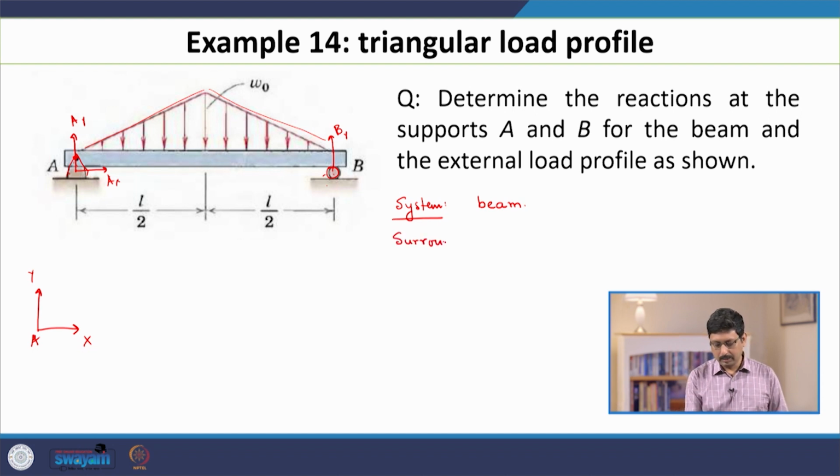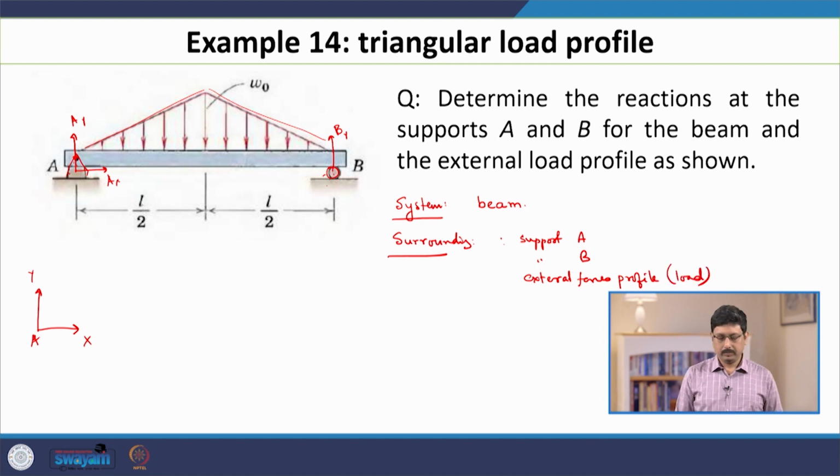The important things in the surrounding are the support A, support B, and the external forces, the profile load. Now, note that in this case, since nothing is mentioned, we are going to assume that the beam is massless. So, we are going to ignore the interaction between the beam and the earth.